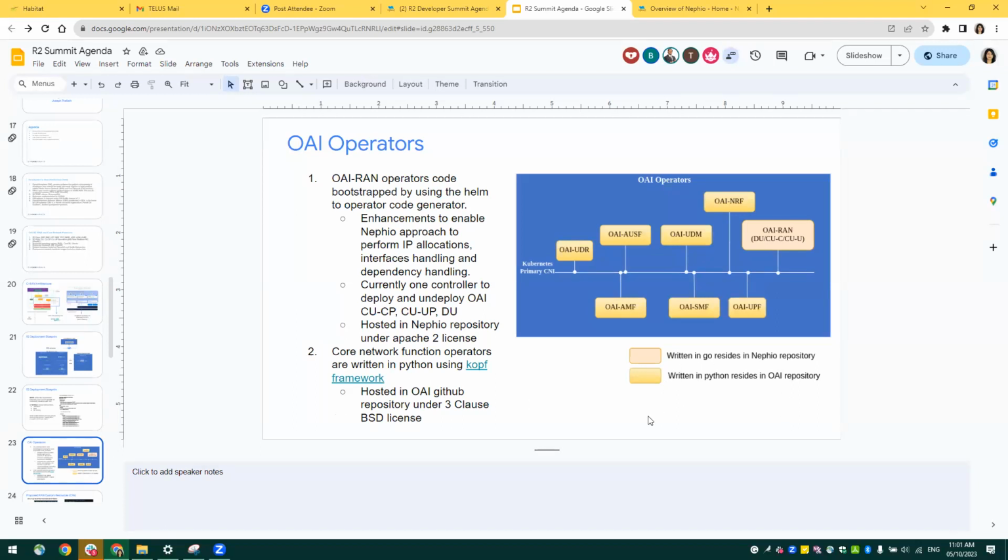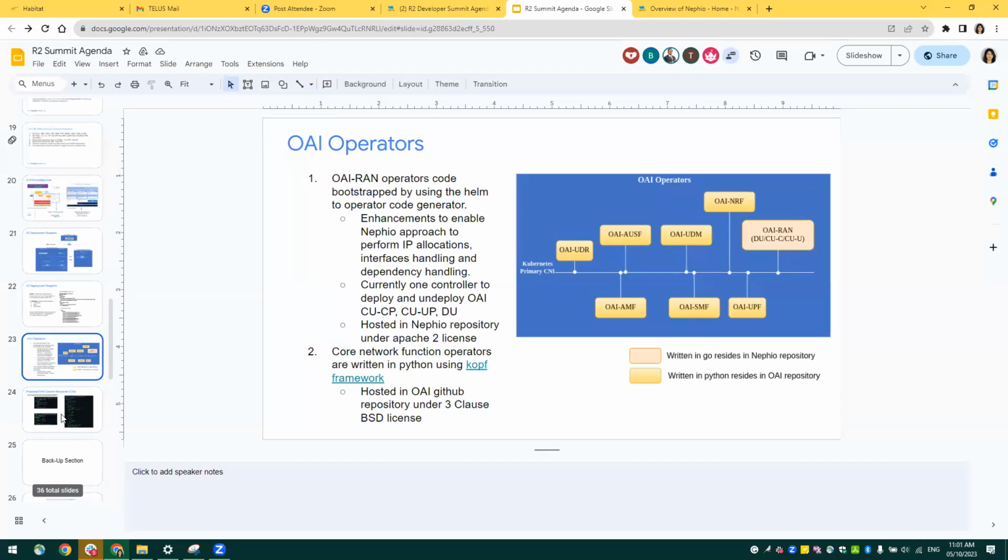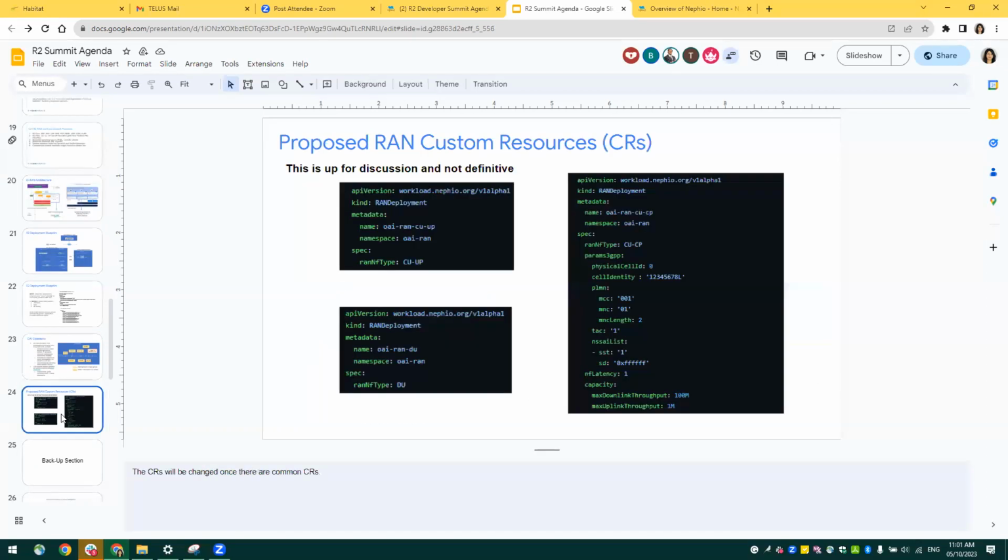In this case, we have some Go code that has been generated and bootstrapped from Helm to Go, and some other operators written in Python. The point is that Nephio is agnostic to the type of technology used to produce the operator, and the OAI operators are a proof of this. Excellent, good point. And slide 24 is exemplifying the CRs that were produced.